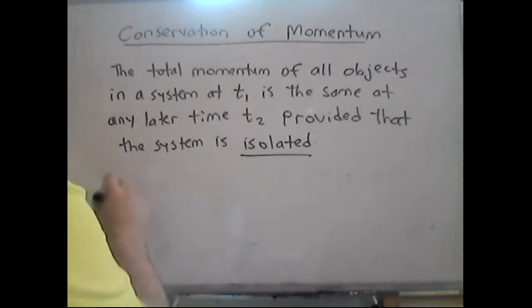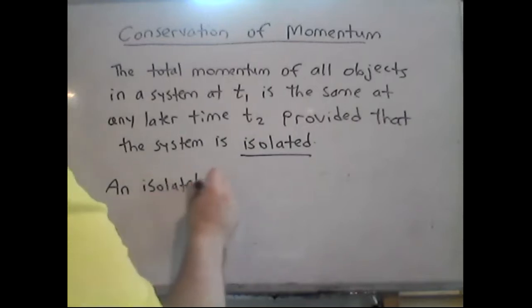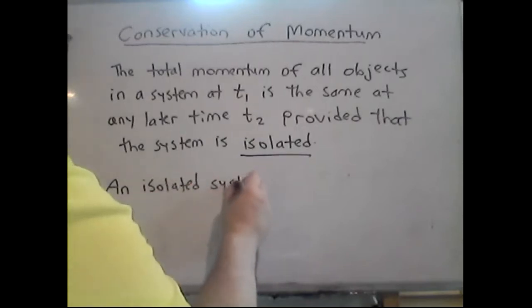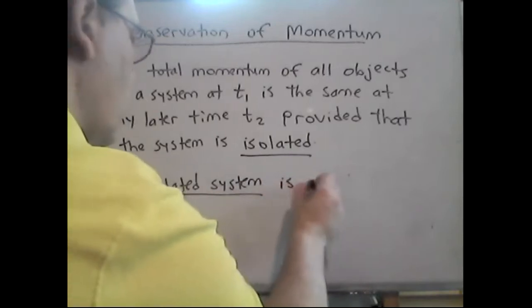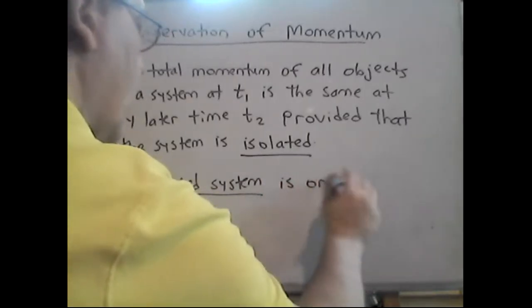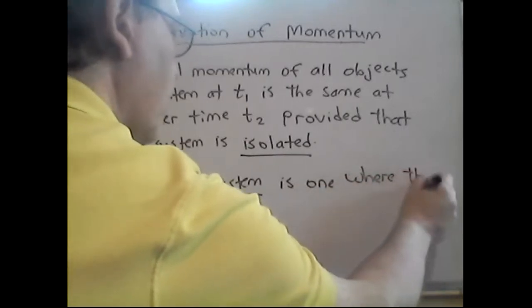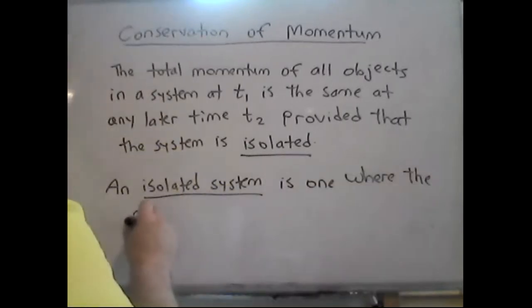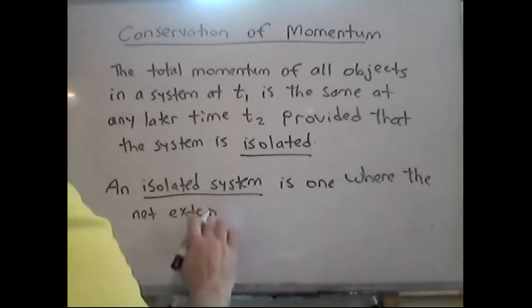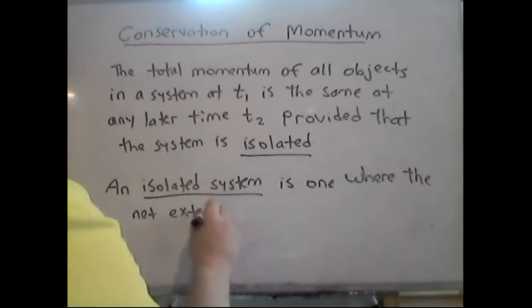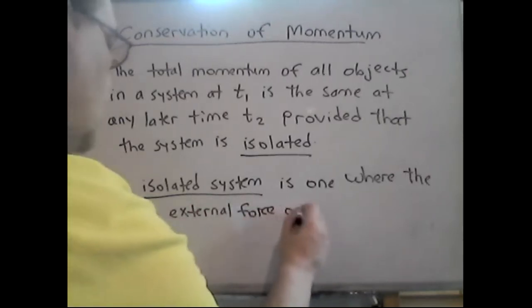An isolated system is one where the net external force on it is 0.